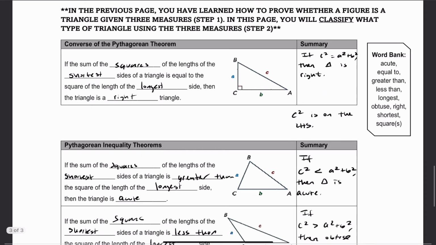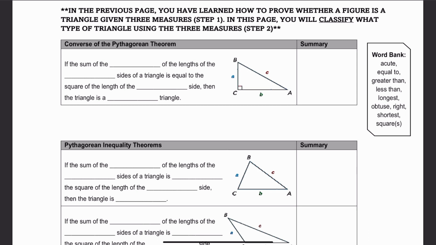Okay, let's take a look at the last page together. So in the previous page, you have learned how to prove whether a figure is a triangle given 3 measures. Step 1. In this page, you will classify what type of triangle using the 3 measures. So you have the converse of the Pythagorean theorem.